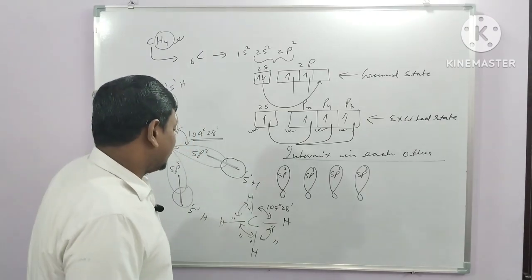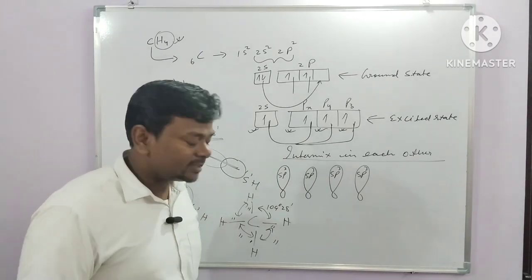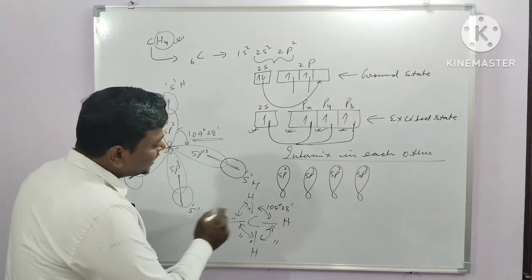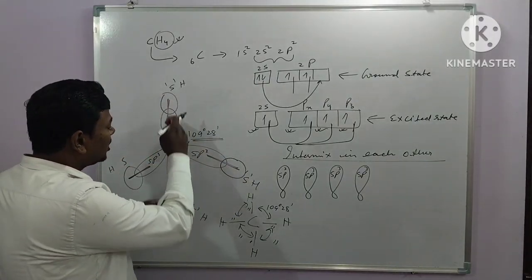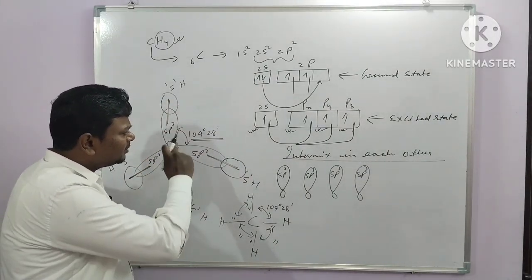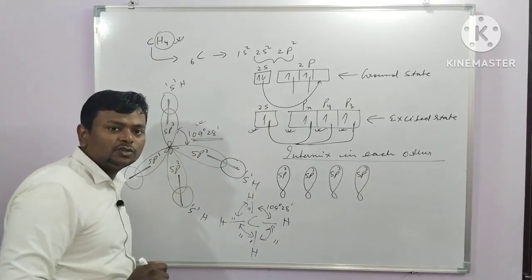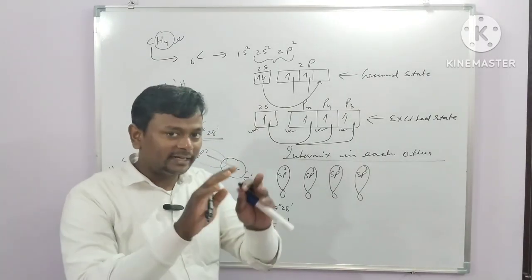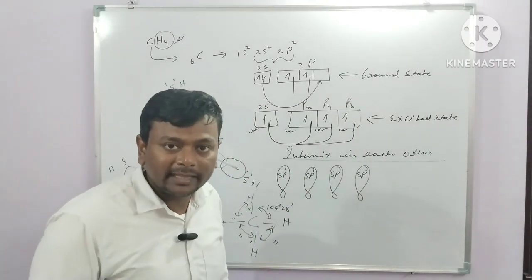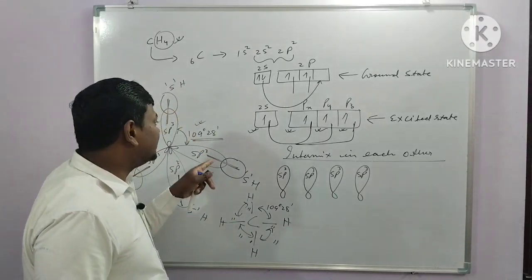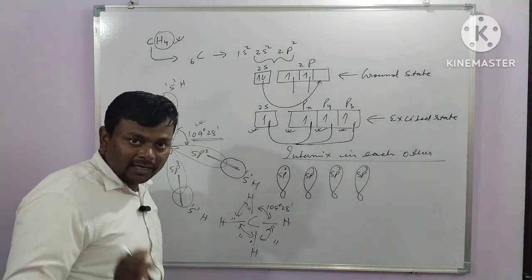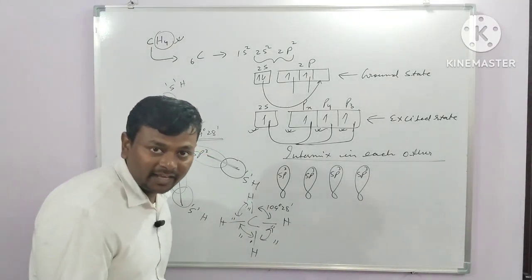Now see, one more advantage is there. What? Here we can see the orbitals are arranged at a particular angle, 109 degrees 28 minutes, so that they have maximum distance between them, and due to that they have minimum repulsion and minimum energy, so their stability is very high.